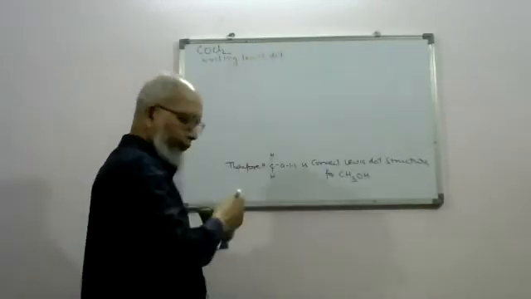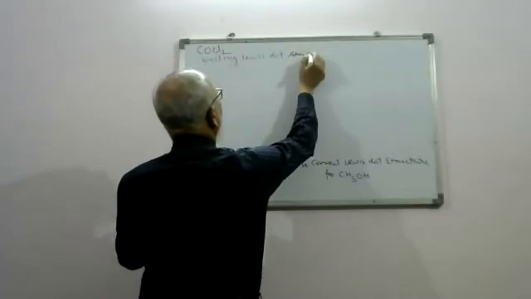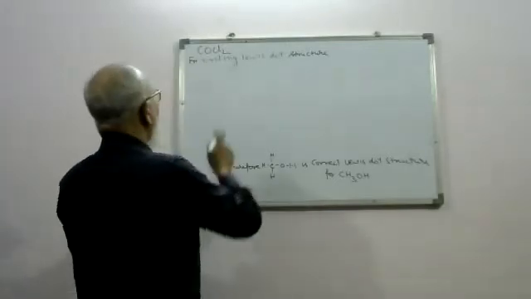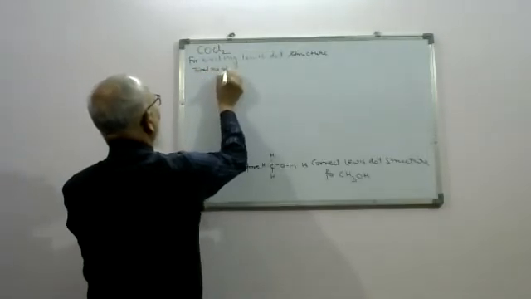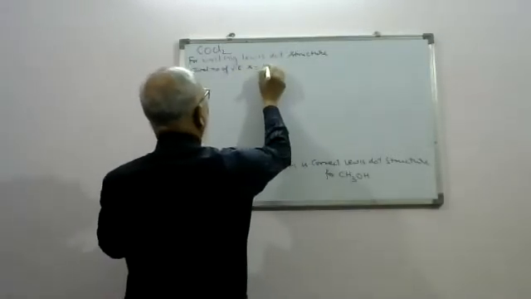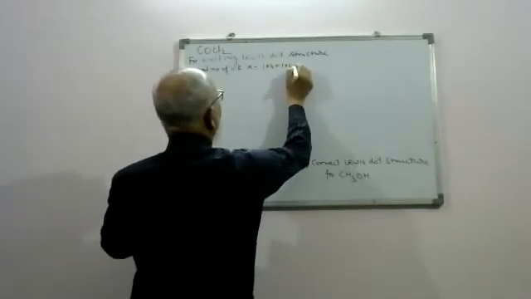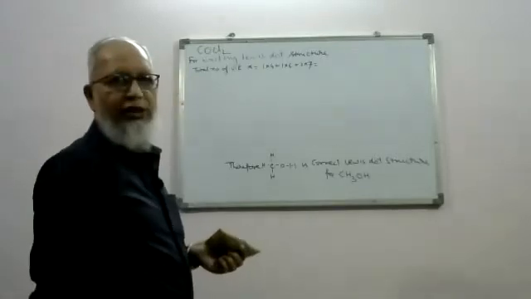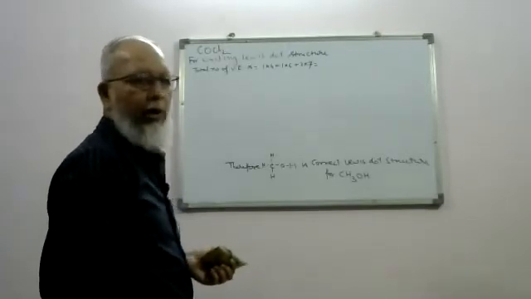For writing the Lewis dot structure, let us calculate first the total number of valence electrons, X. This is equal to 1 into 4 plus 1 into 6 plus 2 into 7. 4 valence electrons for carbon, 6 for oxygen, and 7 for chlorine.